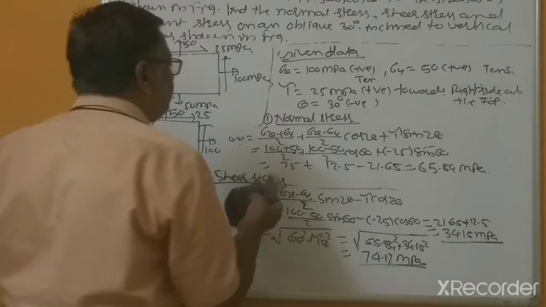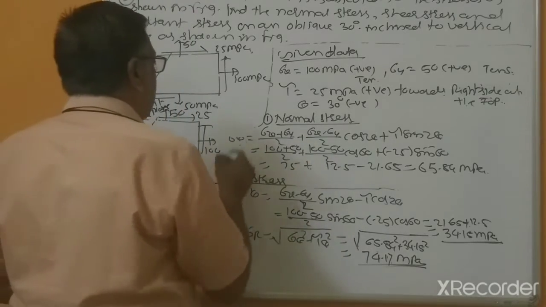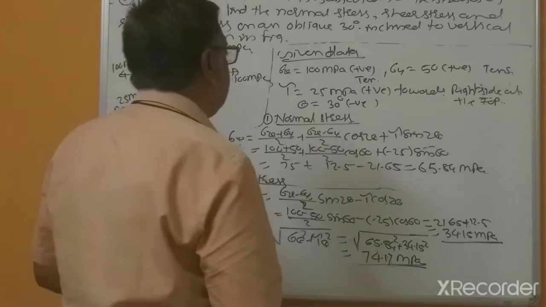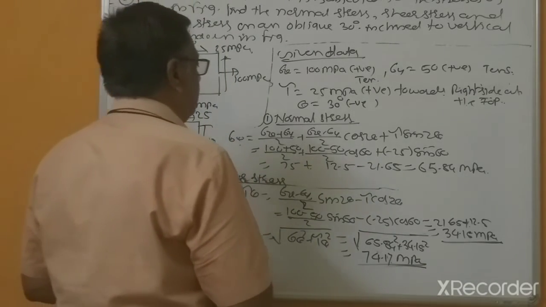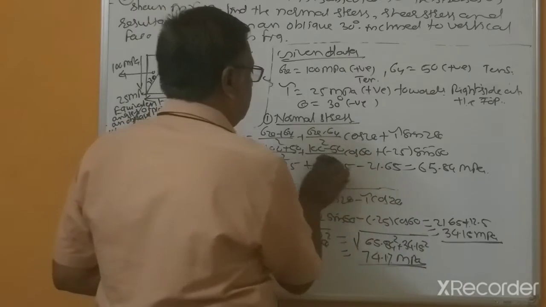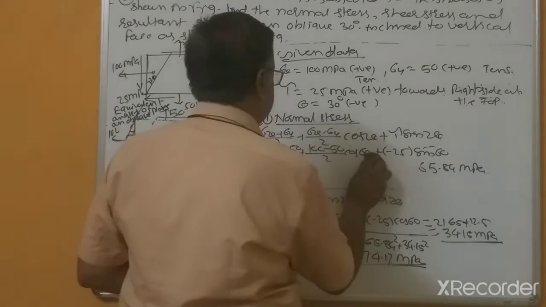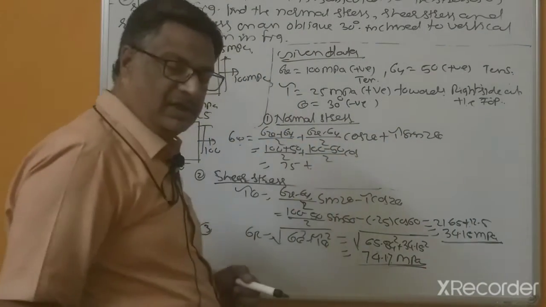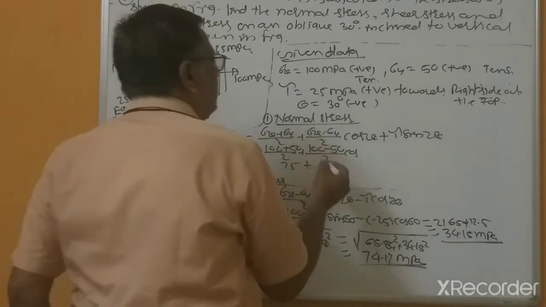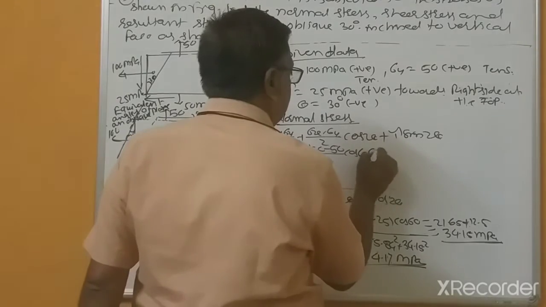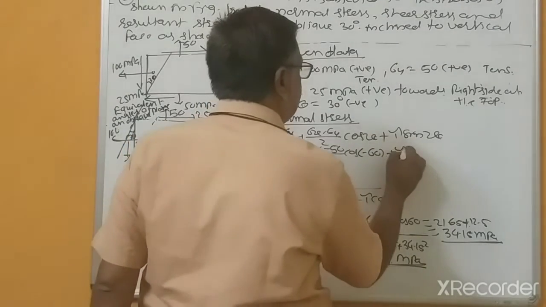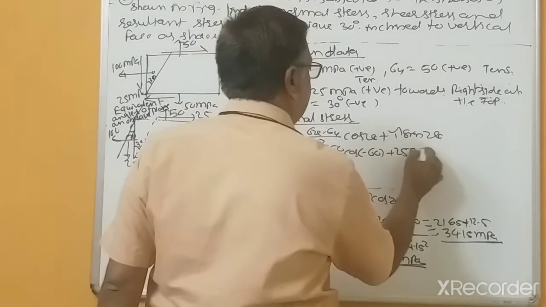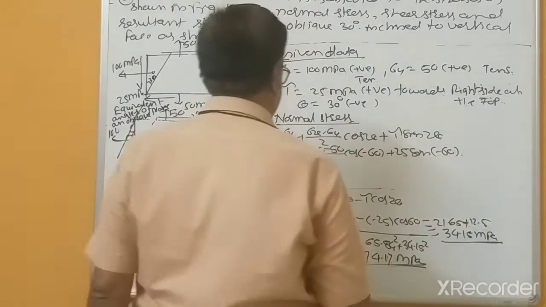Now again, by using the same 100 cos 2 theta, here this angle is minus 30 degrees, which means minus 60 degrees, plus tau equal to 25 into sine minus 60.